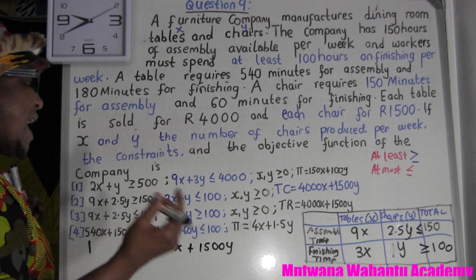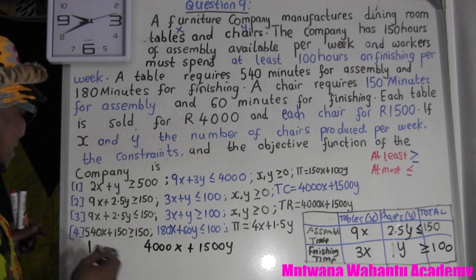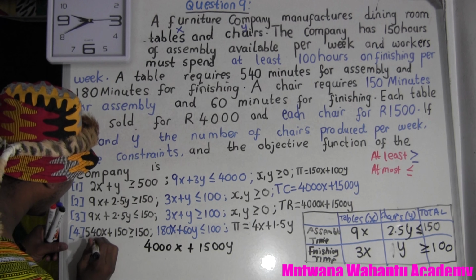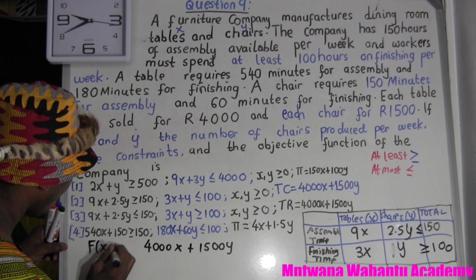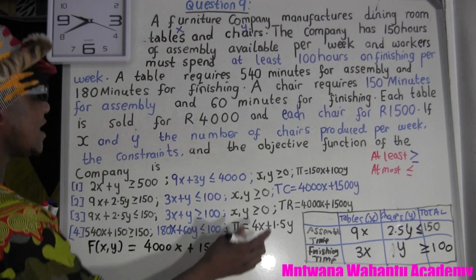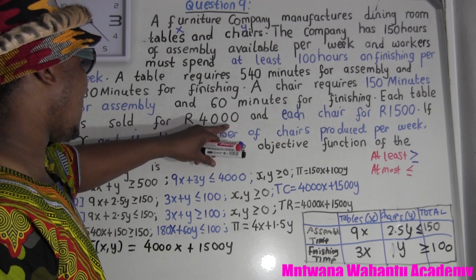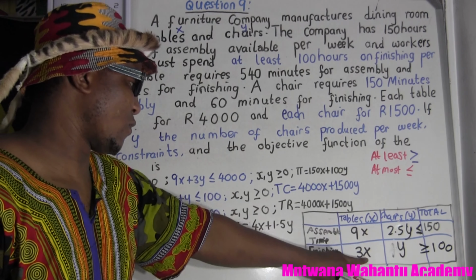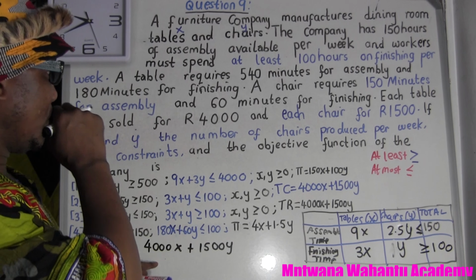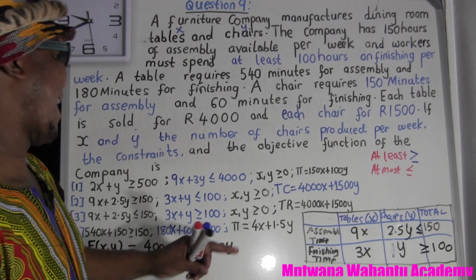You can call it anything. Sometimes they call it a function of x and y, because it does not equal something. Each table was sold for 4,000, so 4,000x, and the chair 1,500y. Finish.